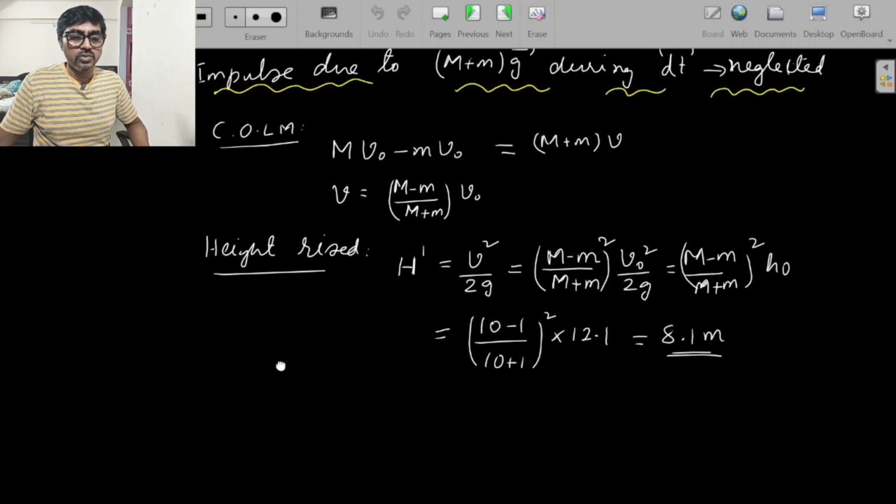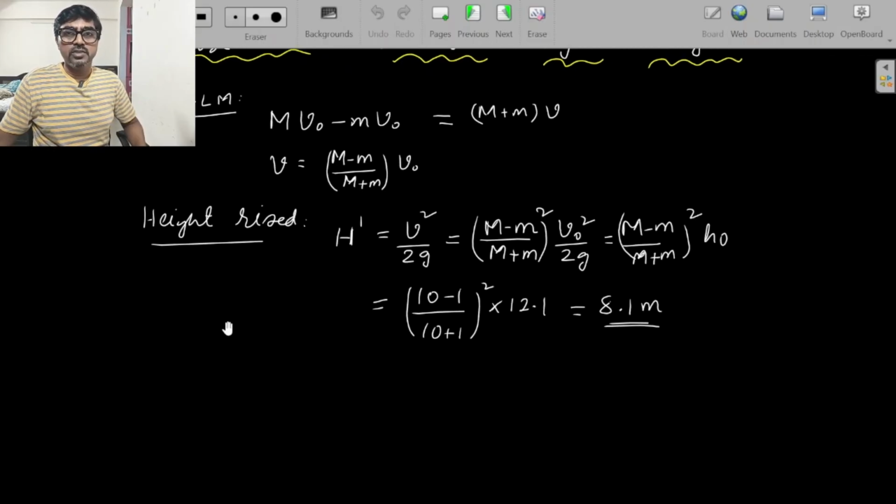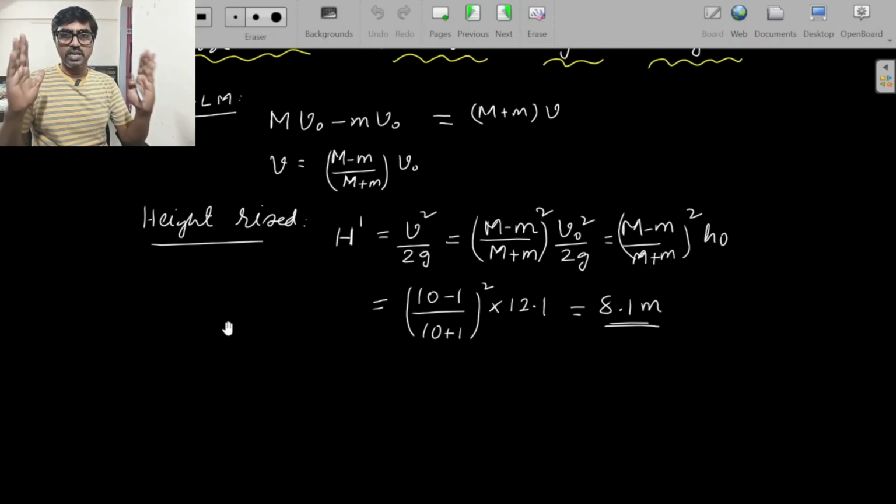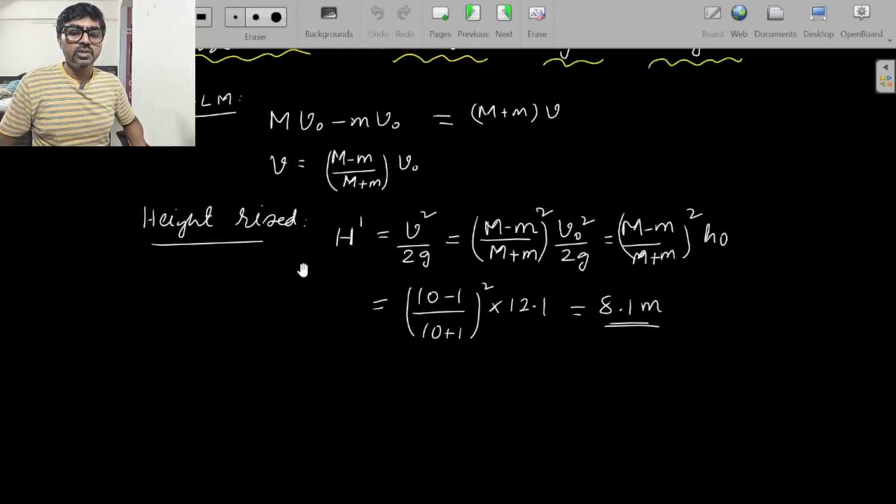Now the height rise: it is going to go together as a single rigid body, neglecting that random motion. So it goes to a height h dash equal to v square by 2g, and you can substitute it, you will get capital M minus small m by capital M plus small m, whole squared, times h naught. So you don't need acceleration due to gravity. You will get 8.1 meter as the height.